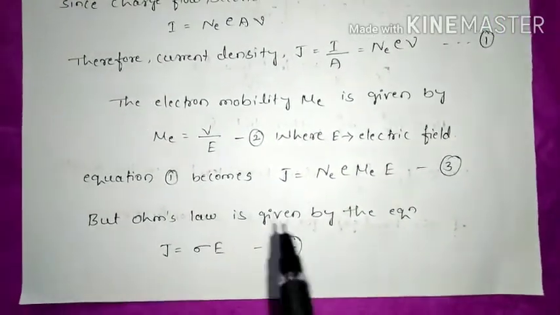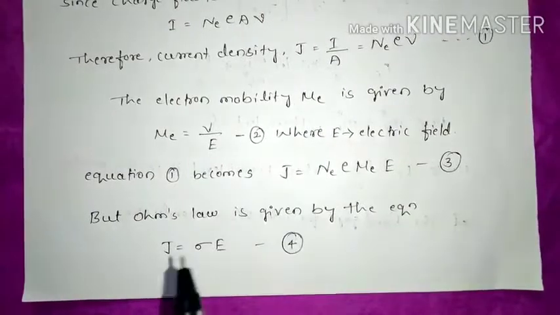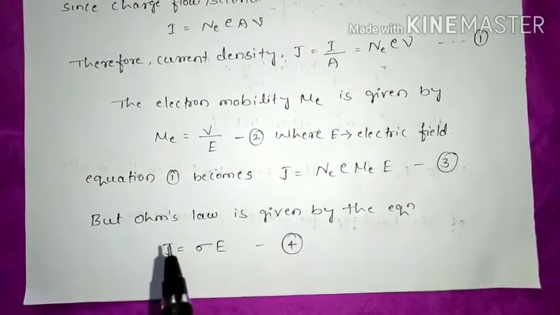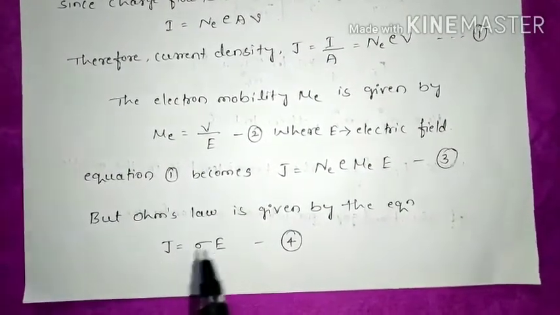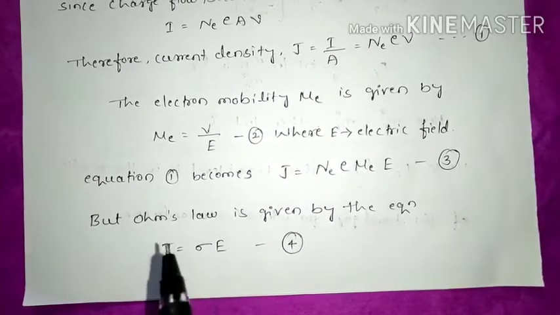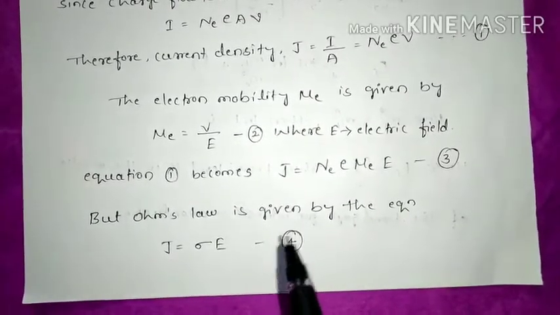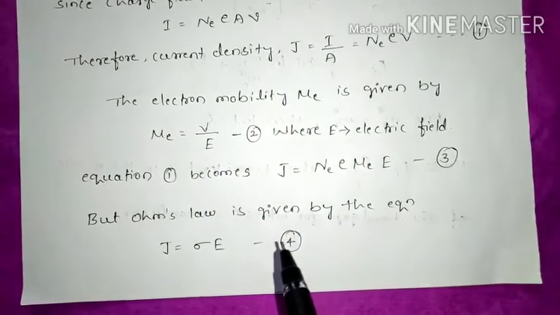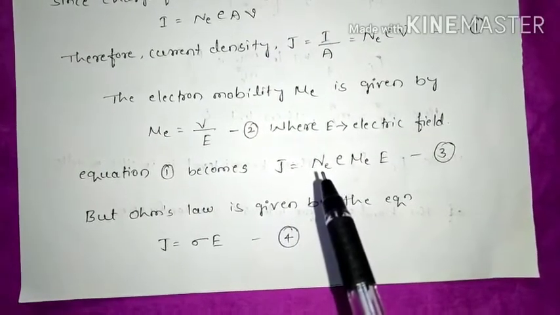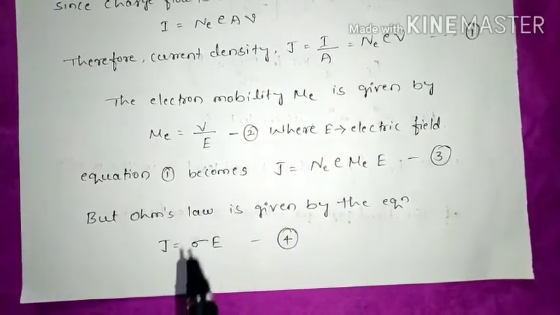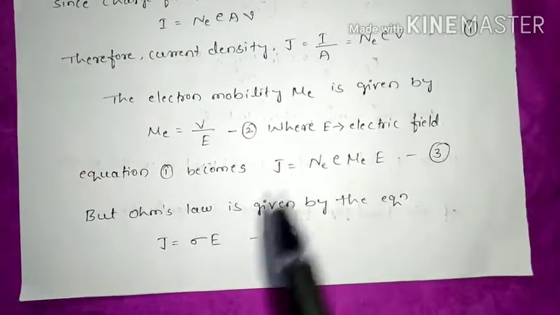But Ohm's law in terms of the current density J is given as J equals sigma into E. Make it equation number 4. Now this is also current density, and this is also current density, so we are going to equate these two equations.